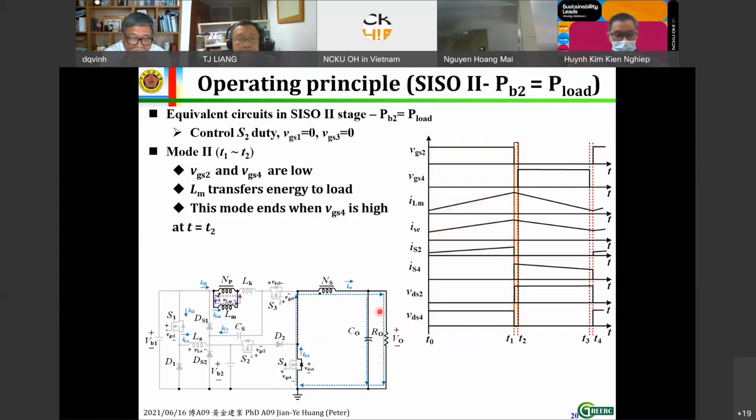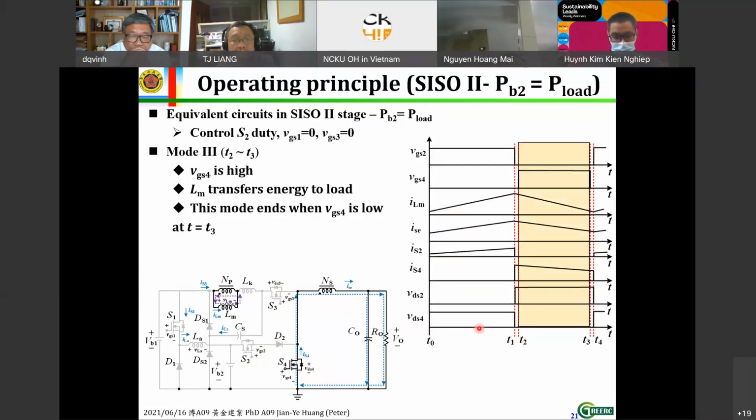In mode 2, VGS2 and VGS4 are low. The anti-parallel diode of S4 turns on. The LM will transfer energy to load. This mode ends when VGS4 is high at T equal to T2. In mode 3, VGS4 is high and LM continues to release energy to load.